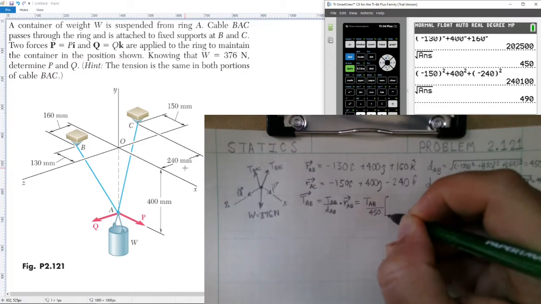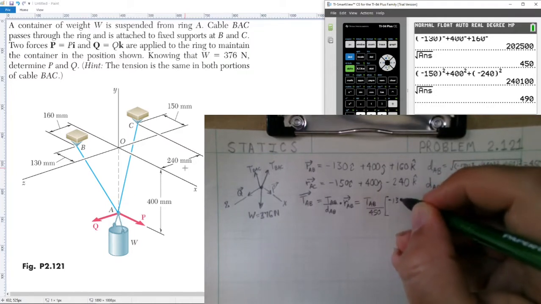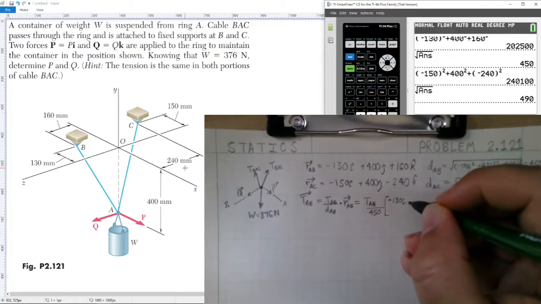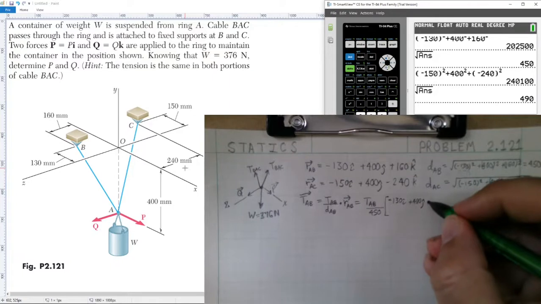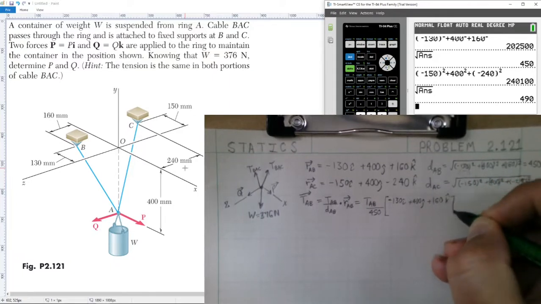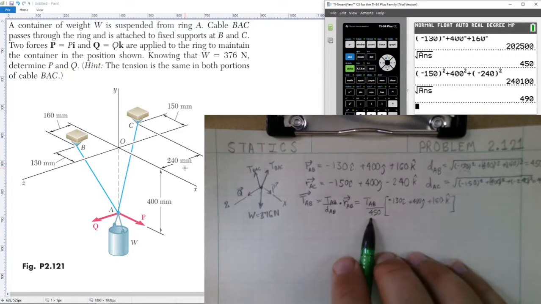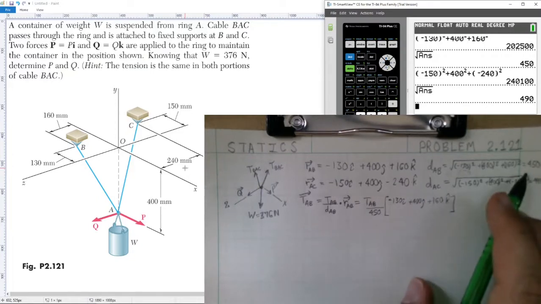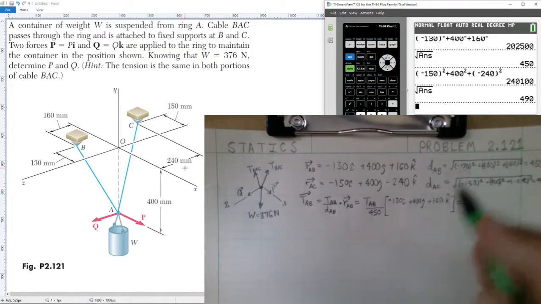So we'll write this as negative 130 i hat plus 400 j hat plus 160 k hat. We're going to divide each component of our position vector from A to B by the distance A to B, 450 millimeters, and we'll get the coefficients for our vector tension AB.